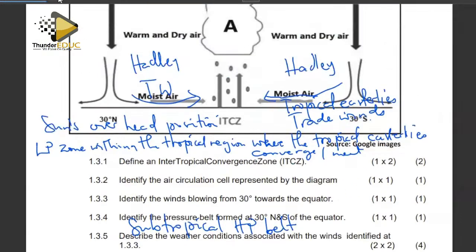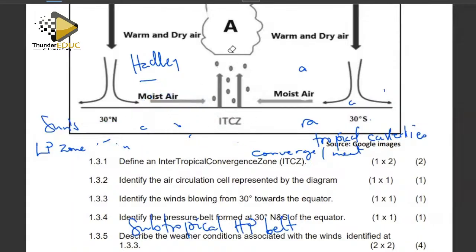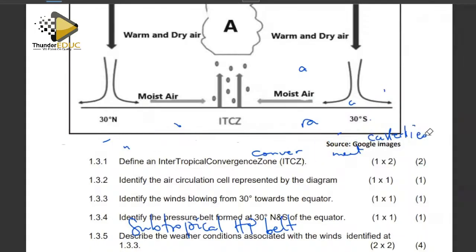So basically, in simple terms, to understand our diagram, we are saying this particular belt here at 30 is a high pressure belt, and the ITCZ is a low pressure belt. So at 30, either to the north or to the south, this is a high pressure belt, and this is also a high pressure belt. And this one is now a low pressure belt.